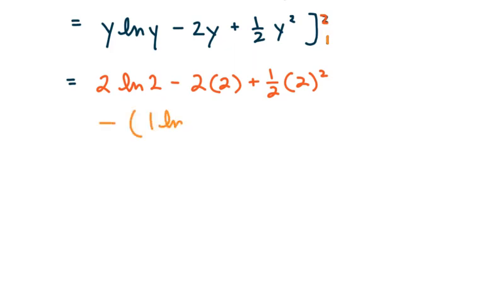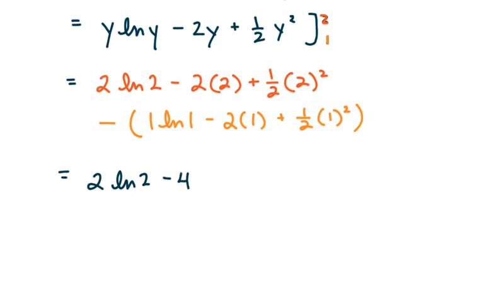I've got 1 natural log of 1 minus 2 times 1 plus 1/2 times 1 squared, which I have 2 natural log of 2 minus 4. 2 squared is 4, divided by 2, times 1/2 gives us plus 2.